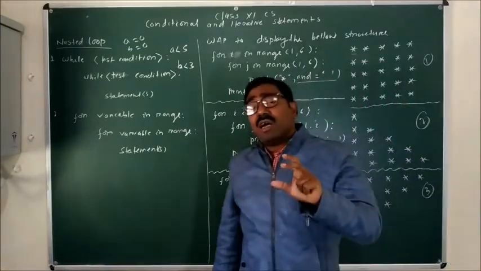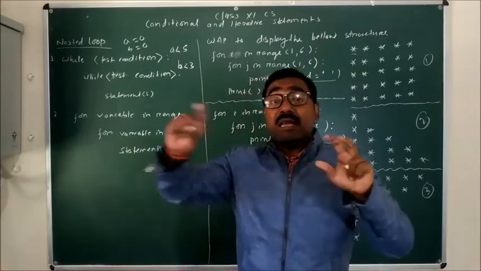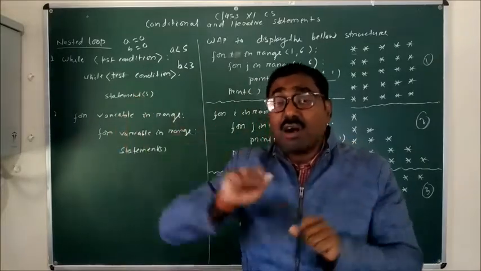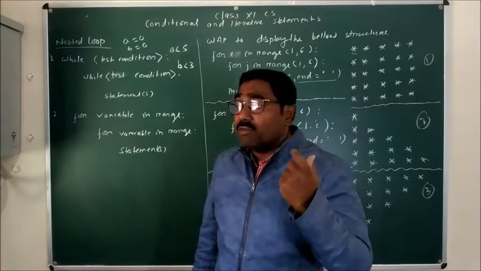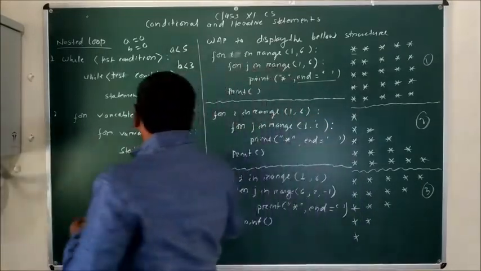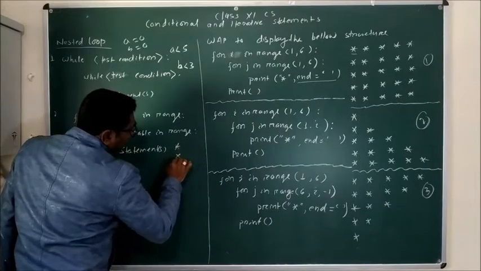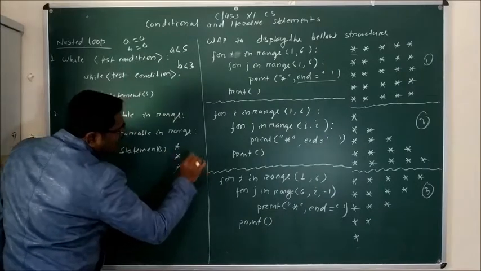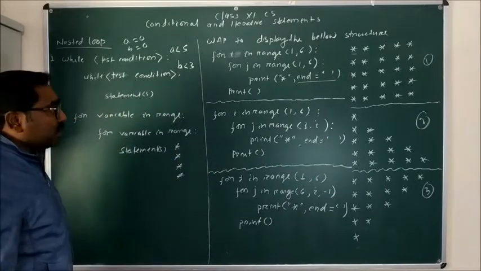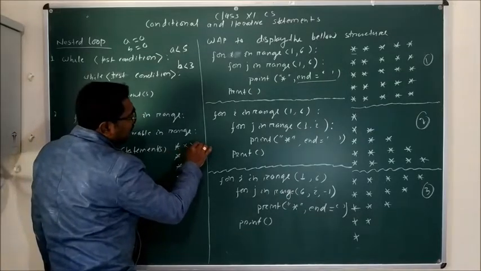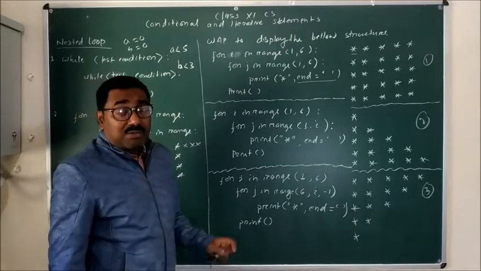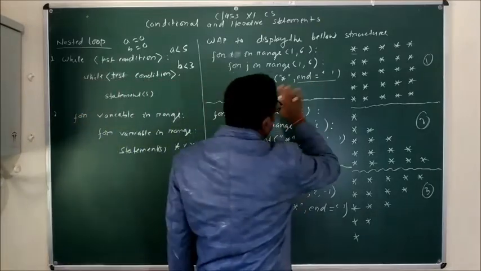The end keyword is used for the continuation of printing or display. Suppose I am not using the end keyword here, then the asterisks are displayed like this, each time in a new row. But when we use the end keyword, instead of displaying on a new row, it will be displayed in the same row. That's why we are using the end keyword here.